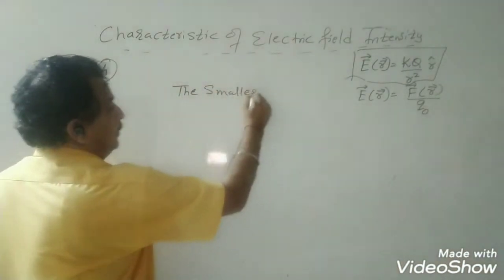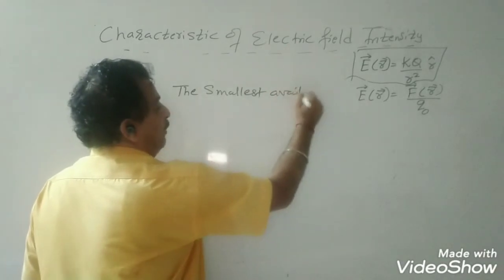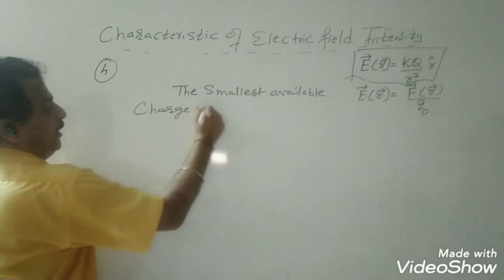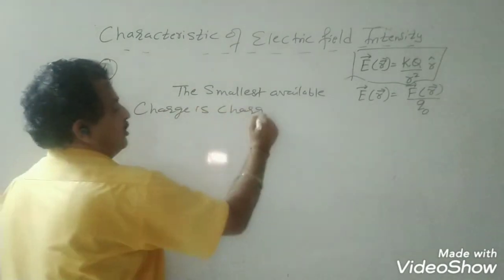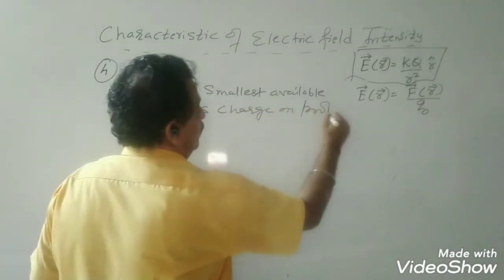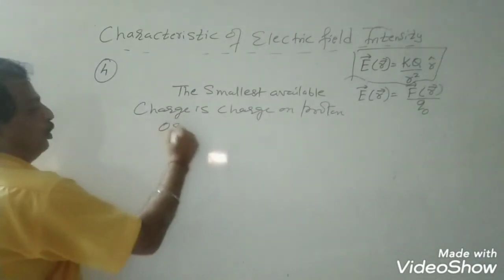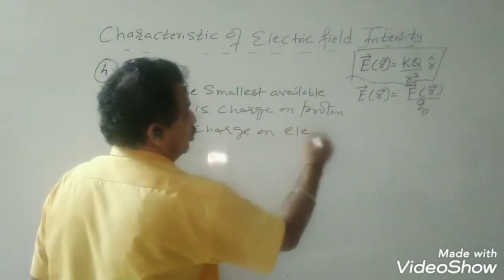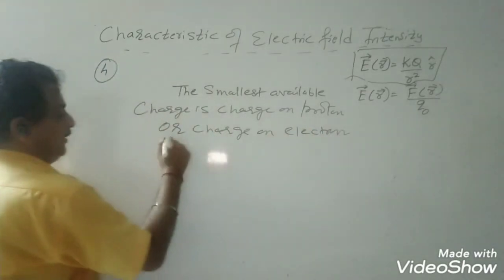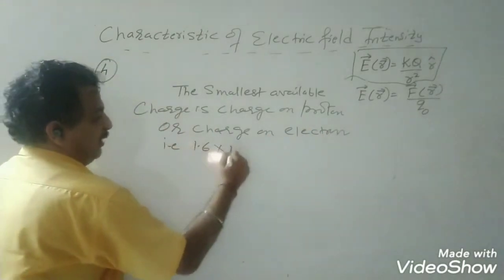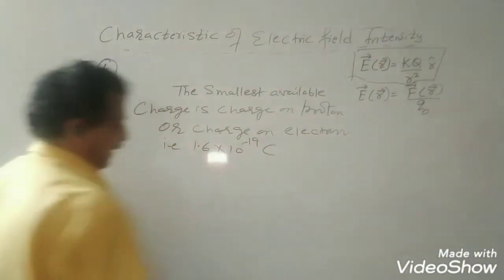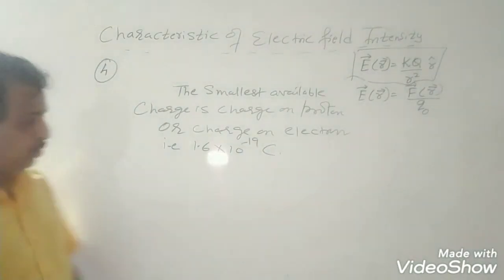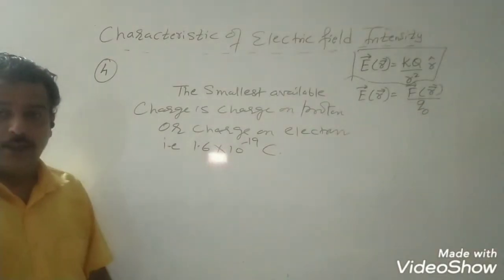The smallest available charge is the charge on a proton or the charge on an electron. That is, the magnitude is 1.6 into 10 raised to minus 19 coulomb. This is the smallest available value to us.